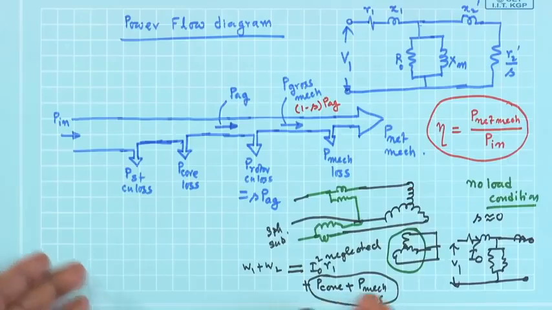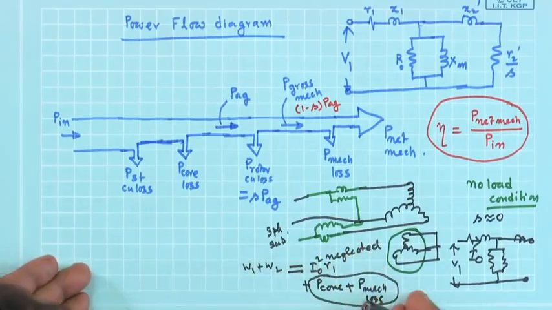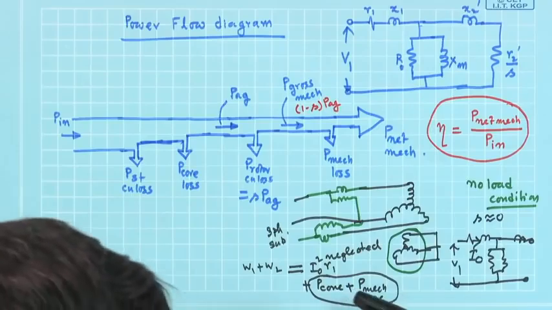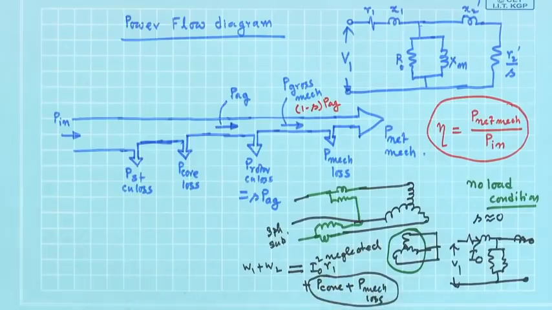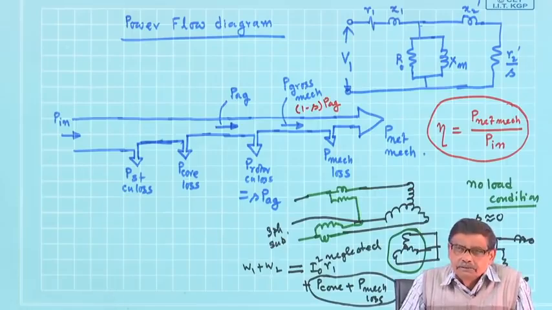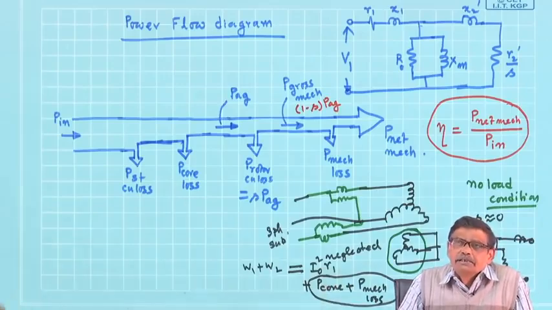Both of them are small, but bigger than this I naught square R1, that is what I am telling. These two will be of a similar nature, because in an induction motor eddy current loss does not occur in the rotor iron bodies, only in the stator iron body. In the rotor it occurs, but the frequency is so small it can be neglected.